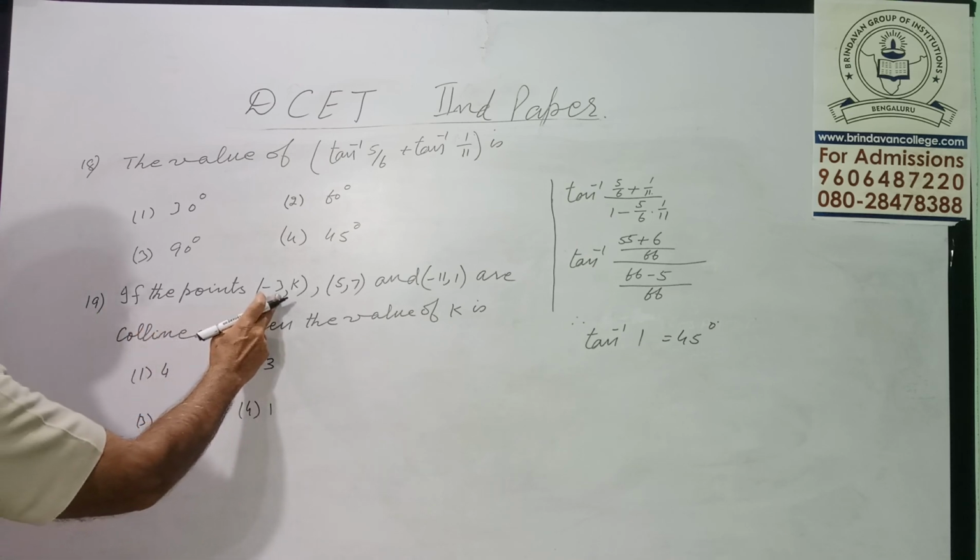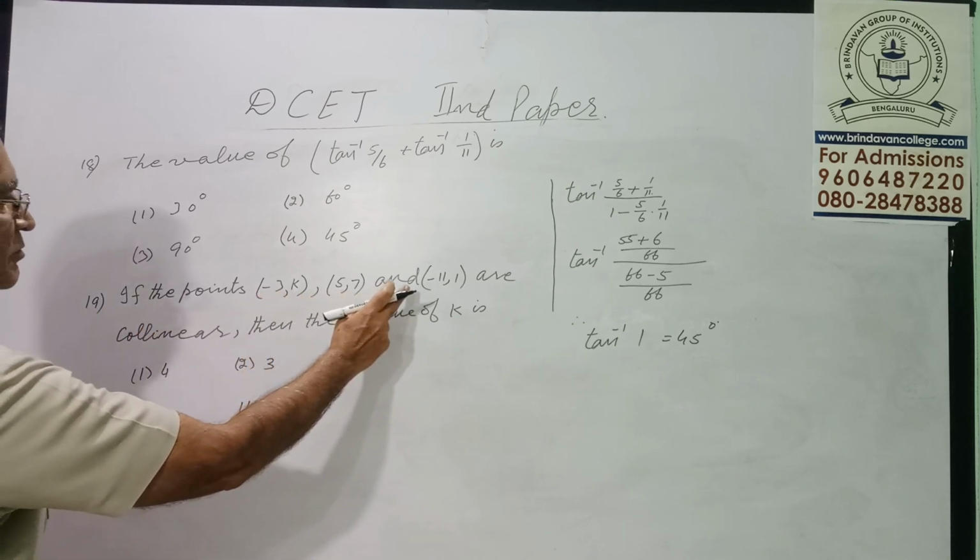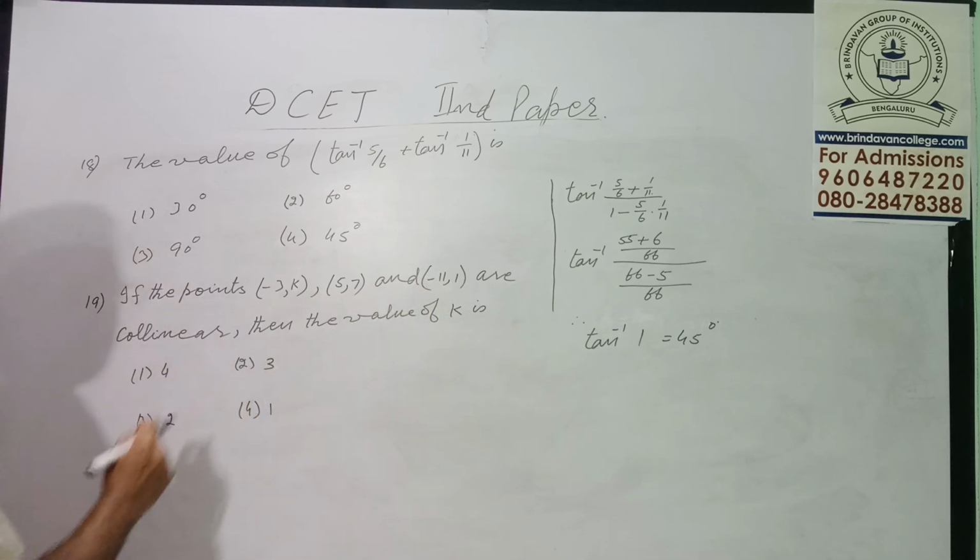The points minus 3, k; 5, 7; and minus 11, 1 are collinear.